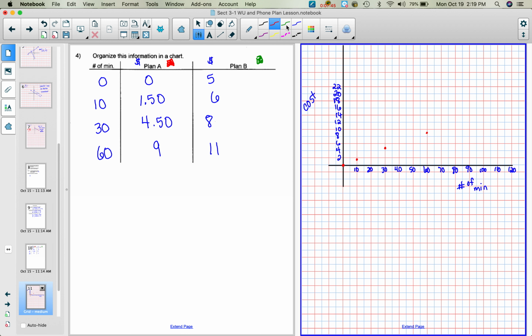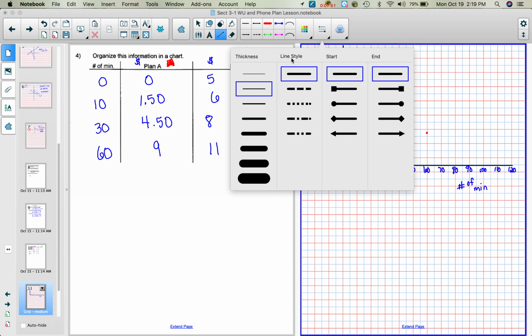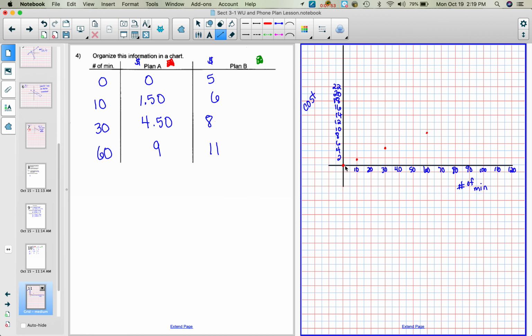And then I'm going to very carefully draw a line, because if I'm not really accurate with my line, then I'm going to be off on my answer. Okay, well, I think that's pretty good.